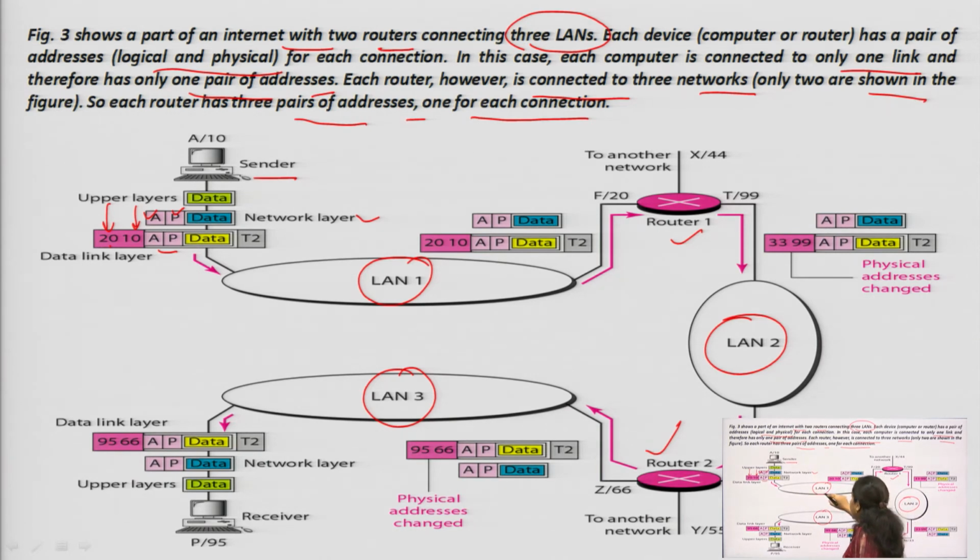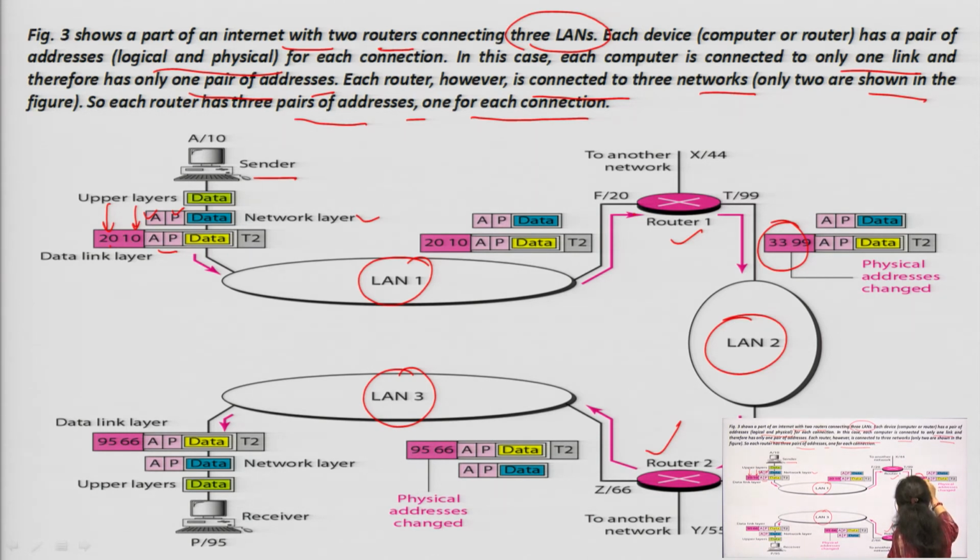Now, the data will be transmitted through this LAN, and it has to be received at the router. The router itself has its own address, which has to be added together with the data. Now, you can see that this has been received and the address has been changed from 2010 to 3399.